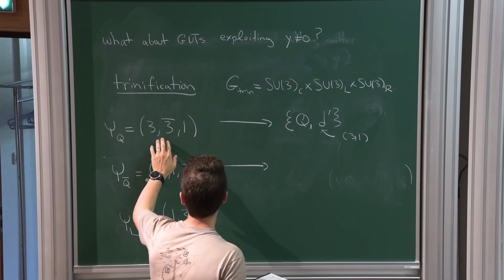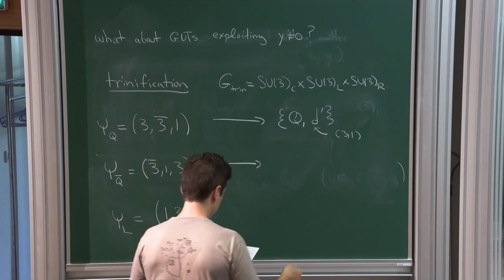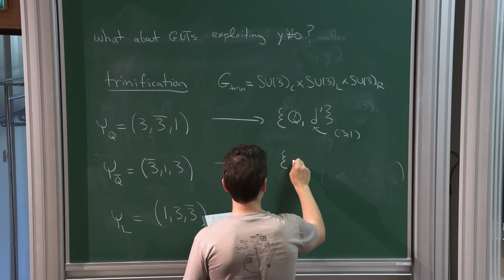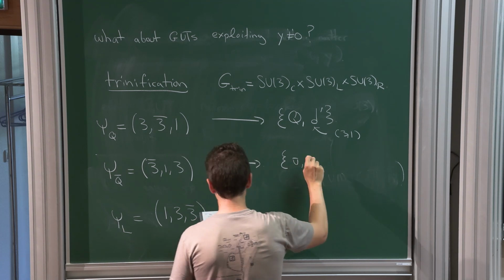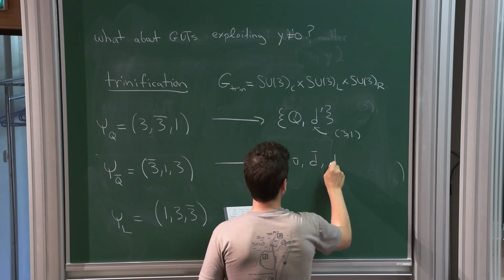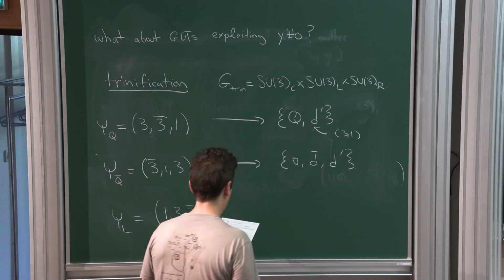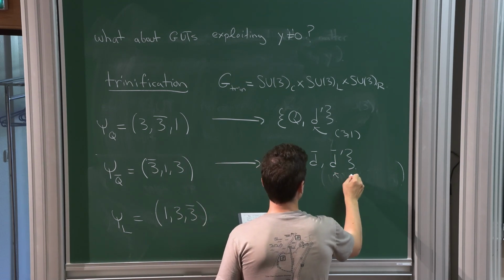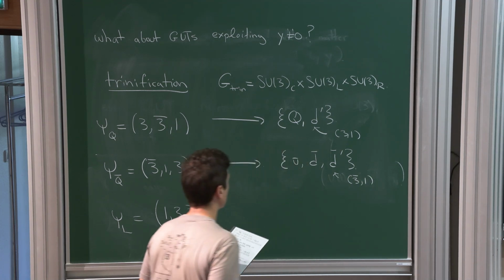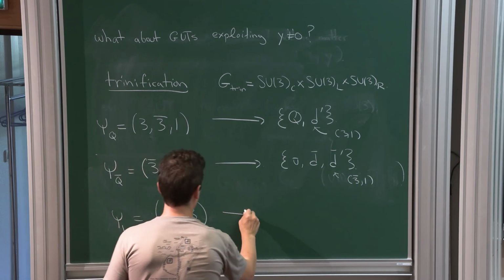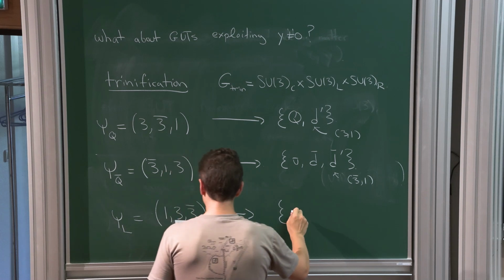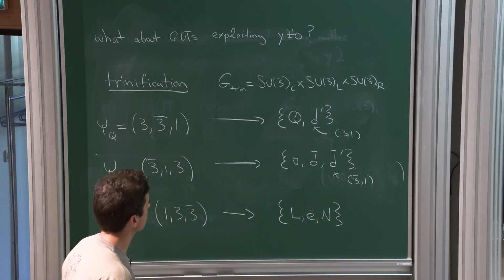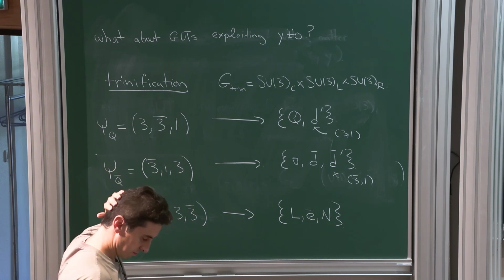But the first thing is that when we do this Higgsing, we don't quite land just on the standard model content, or the standard model content plus neutrinos, plus right-handed singlets. We have, this should be D bar prime. This is in a 3 bar, 1. We have an extra vector-like pair of down quarks. So this one doesn't give us anybody extra. So we have an extra vector-like pair of down quarks here.